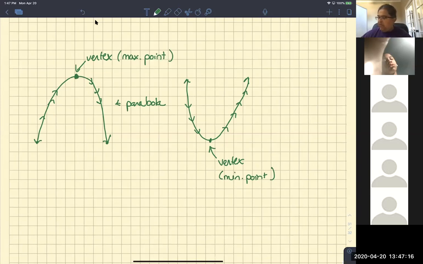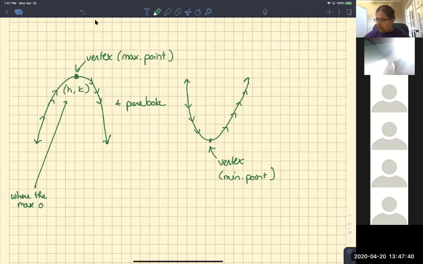Remember that point has an x coordinate and a y coordinate. The x coordinate is represented with the variable h and the y coordinate with the variable k. The x coordinate tells you where the maximum occurs, and the y coordinate tells you what the maximum value is.